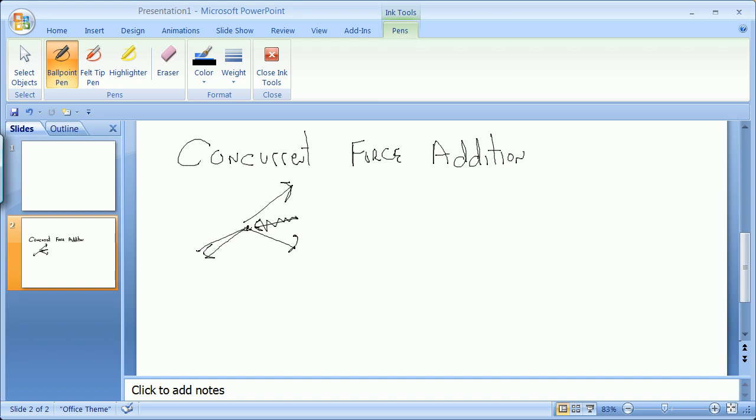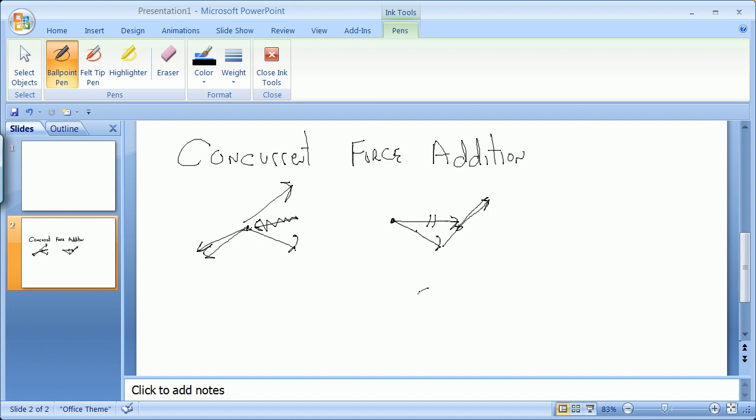Go ahead and I'll try to sketch it out here. Say you're beginning at 0, you're adding this force, and then you're adding this one to it by sliding a parallel vector, and then you're adding this one to it as well, and what you have then is the resultant. So if you are doing concurrent force addition, that's how you do it.